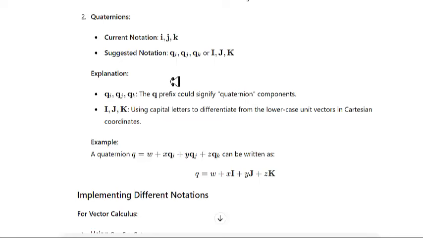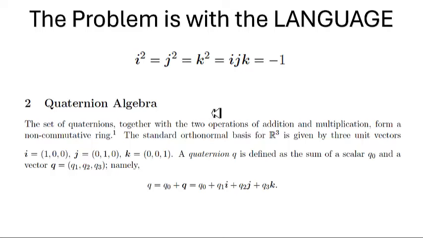I think this is the cause for confusion, not just for the newbies to quaternions, but for the people that are writing papers with these expressions in here where they're actually using i, j, and k for the unit vectors in the Cartesian coordinate system, and i, j, and k using even the same font, so there's no way of distinguishing between the two for the quaternion. So this is what I have a problem with. The problem is with the language.